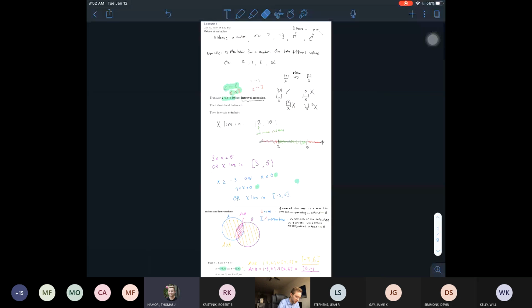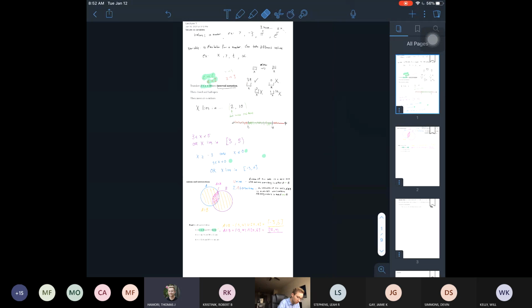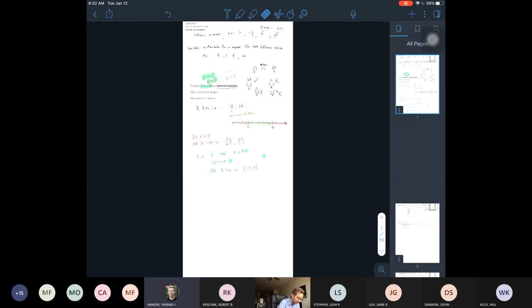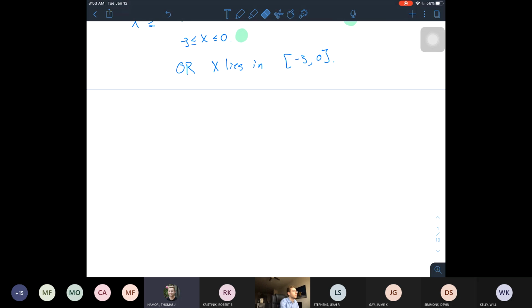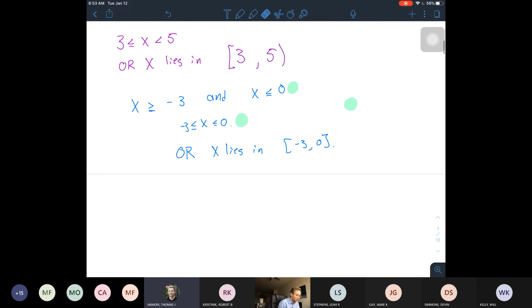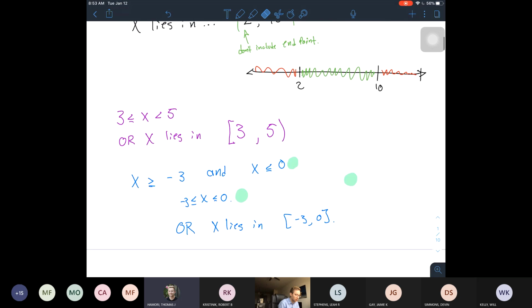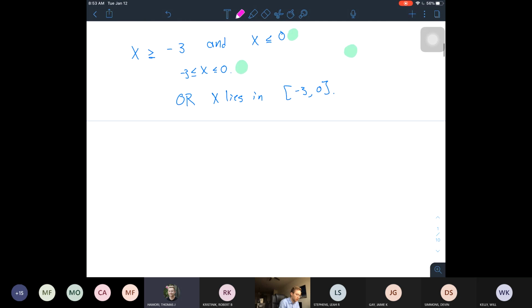Before we move on to the next problem there, I want to include one more thing which I almost forgot to talk about, which I meant to get to last time, but we didn't have quite enough time. And that is how to deal with intervals which don't necessarily have a right or a left endpoint. Okay, so let's try one more of these interval problems.